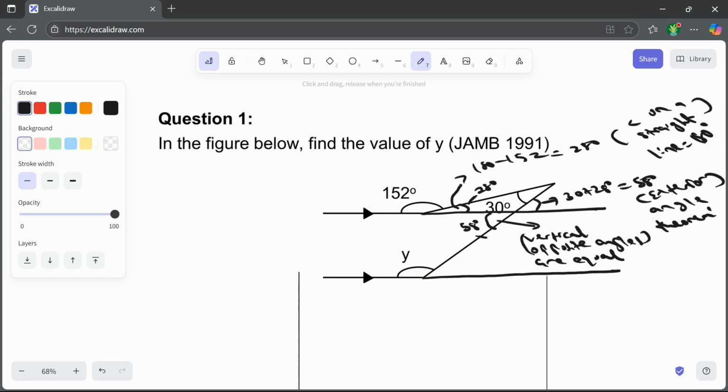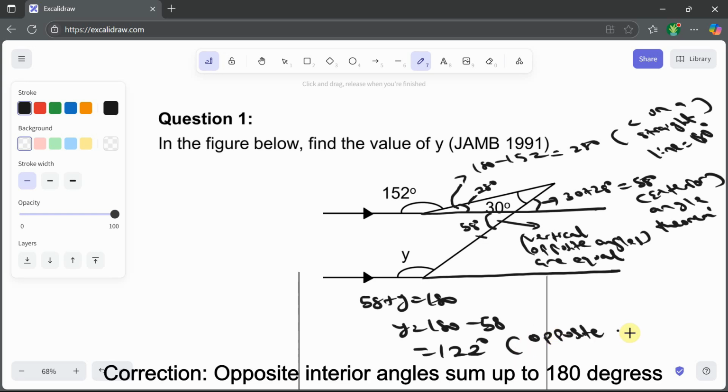We know that co-interior angles sum up to what? 180 degrees. So I could say 58 plus y is equal to 180. y will be equal to 180 minus 58, and that'll give me 122 degrees. Why? Because co-interior angles sum to 180 degrees.